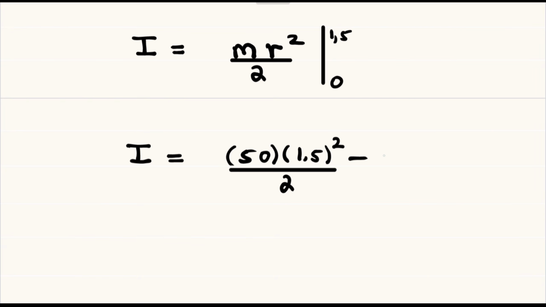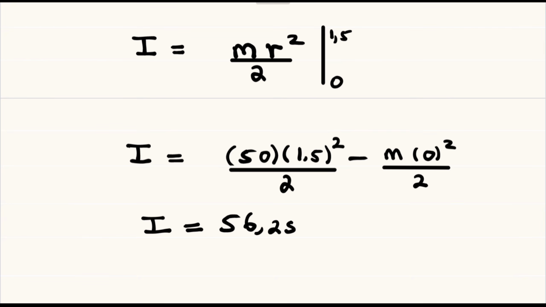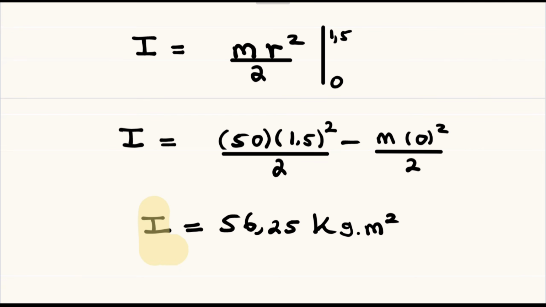So minus m multiplied by 0 squared divided by 2. So our I will be equal to 56,25 kilogram meter squared, and this will be our answer.